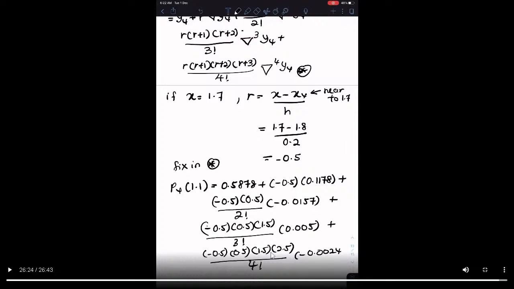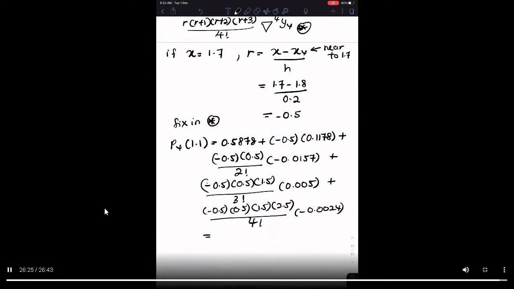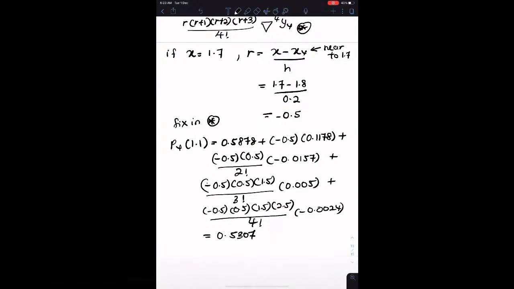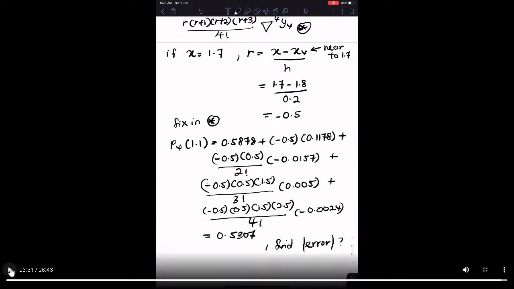Now negative 0.5 plus 3 is 2.5. Divided by 4 factorial, you get ln 1.7 is 0.53707.